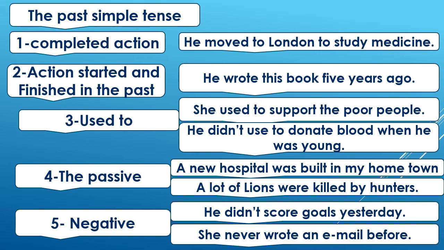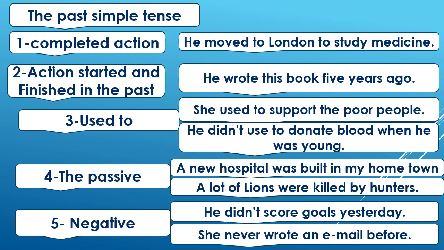Number 4, passive. The passive in the past simple tense: was, were plus past participle. A new hospital was built in my hometown. The main sentence, the active sentence: they built a new hospital in my hometown.